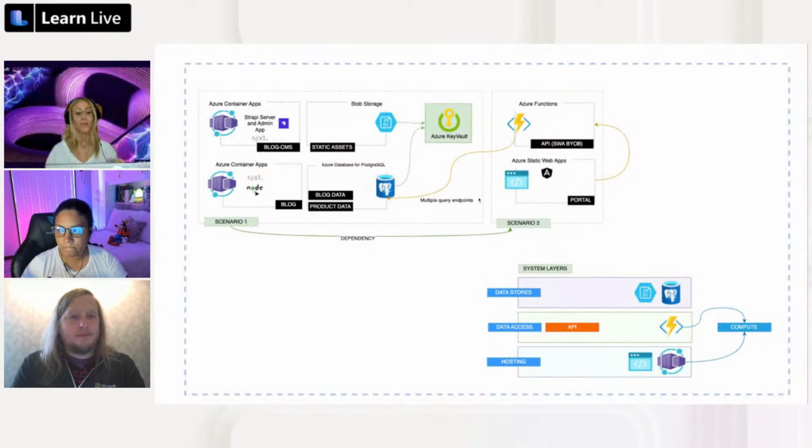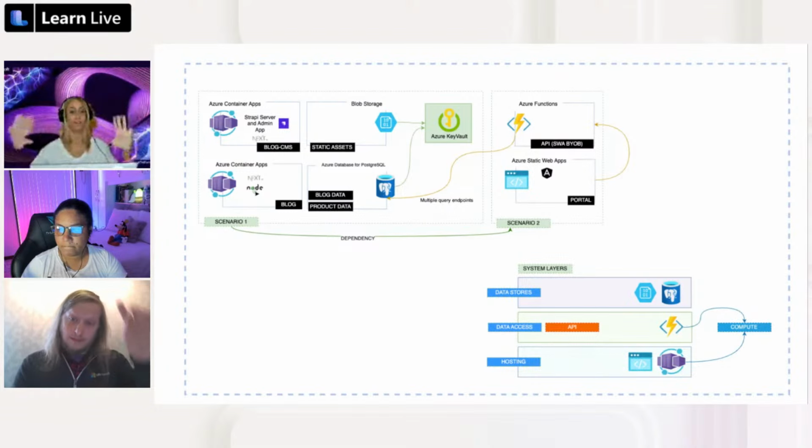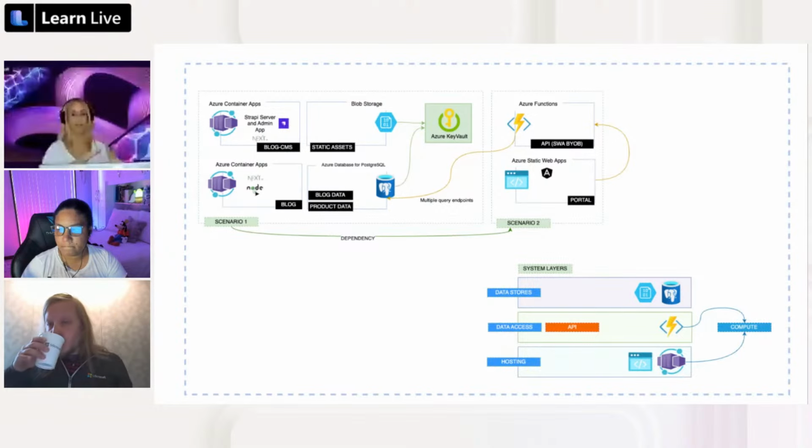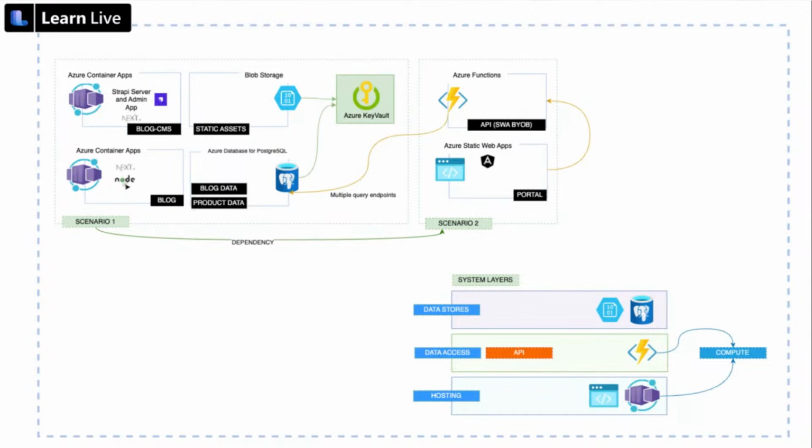So that approach that we followed, the API-first approach, allowed us to design scenarios as building blocks that you can see here that satisfied a specific user story and business case in isolation, and then use them to compose, again, a consolidated large-scale application. What you're seeing here is the scenarios 1 and 2 that are connected through the serverless API layer that Glaucia is going to be speaking about in the second part of this episode.